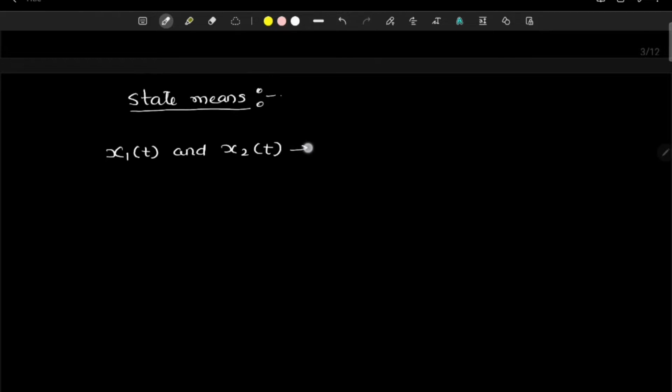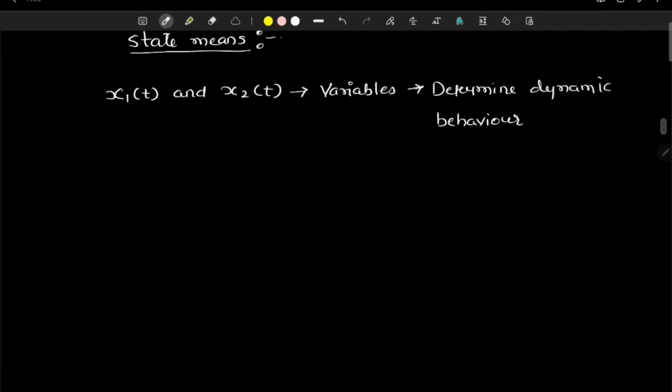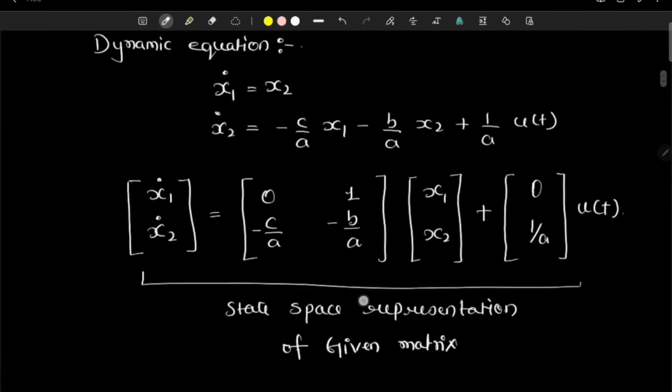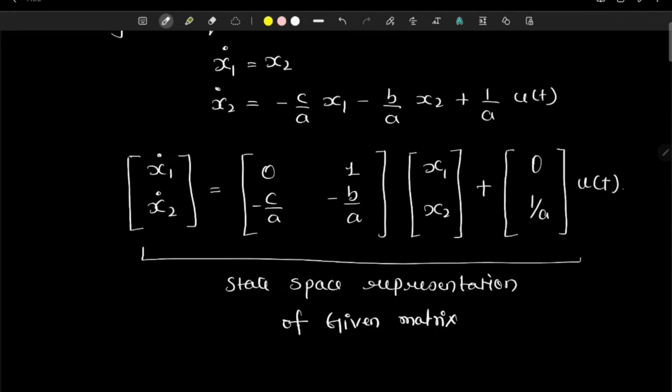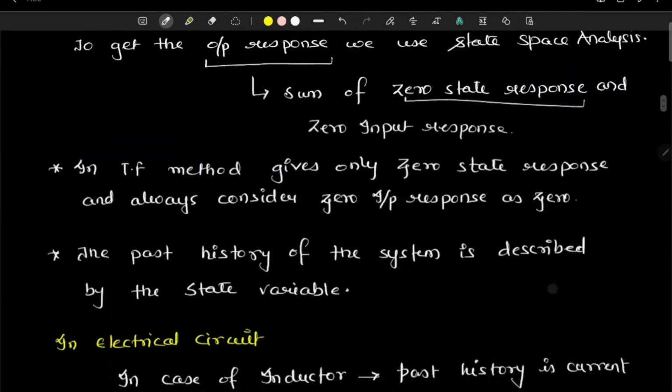Okay, so these are the two variables which determine the dynamic behavior. So we need to determine x1 and x2 with the help of this equation, the values of x1 of t and x2 of t.